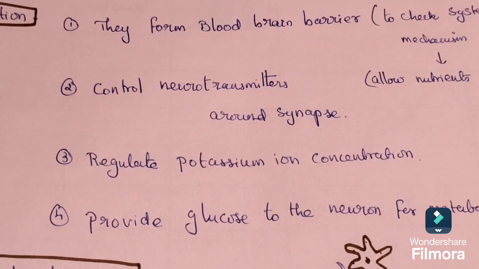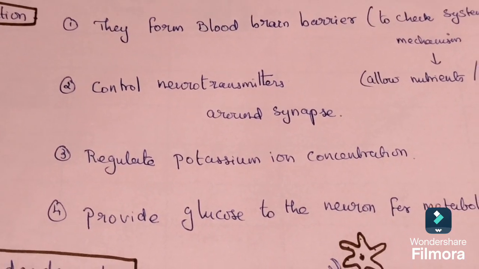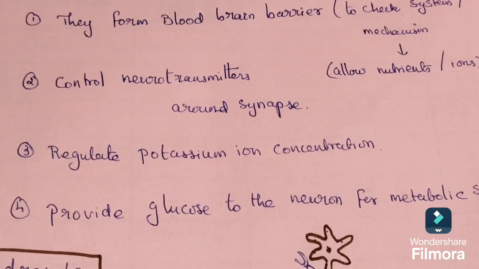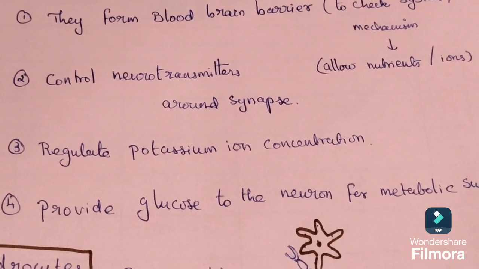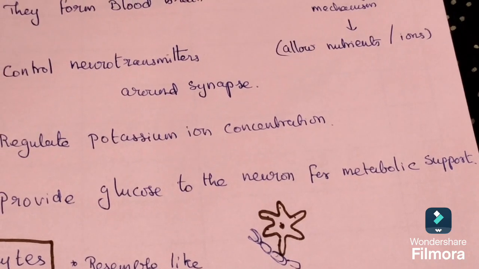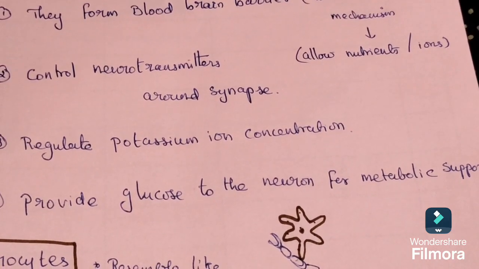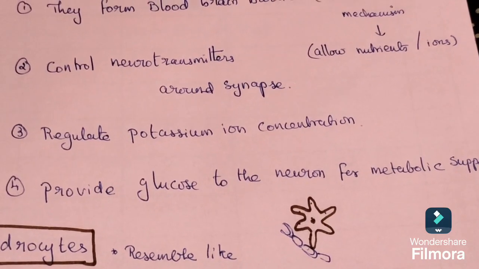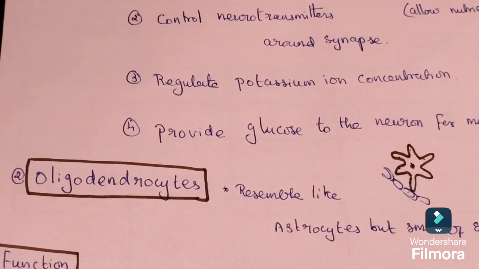The next function is that they provide glucose to the neuron for metabolic support, because glucose is the substance that provides energy. So astrocytes are over.